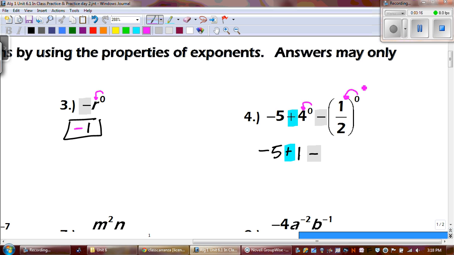Your base, so everything in there, whether it's 1/2, negative 364.675, whatever that is, your base turns into 1. So now we're left with negative 5 plus 1 minus 1. If you need to use a calculator, go ahead. Hopefully you don't, and you should get negative 5.